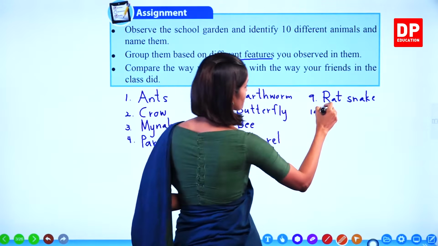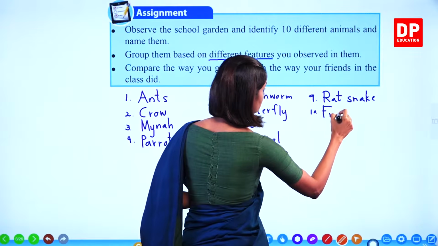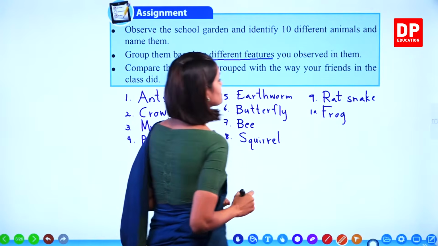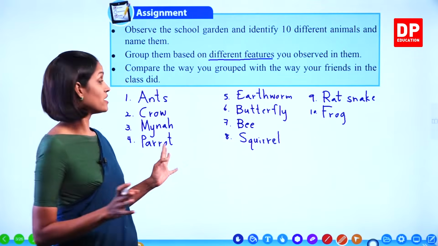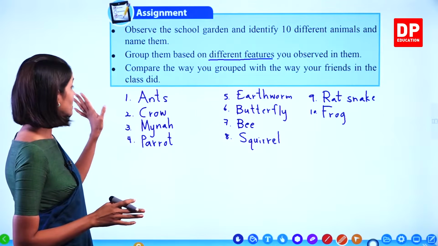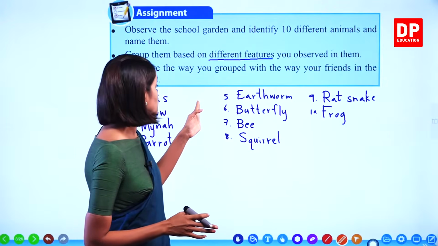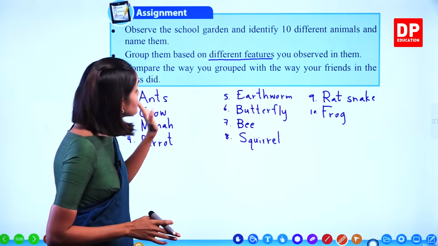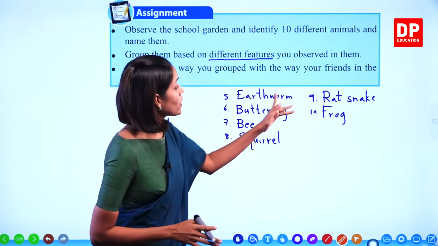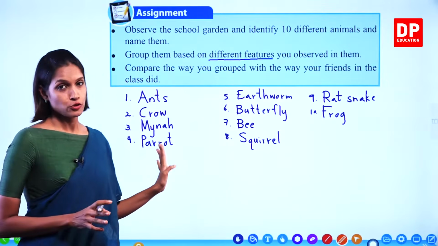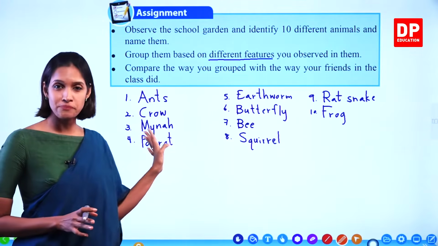Frogs. We will write frog. Okay, you can write many examples. So I wrote ants, crow, myna, parrot, earthworm, butterfly, bee, squirrel, rat snake and frog. Okay, these are very common examples.